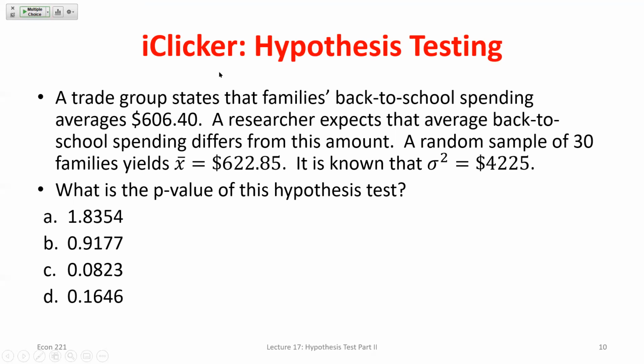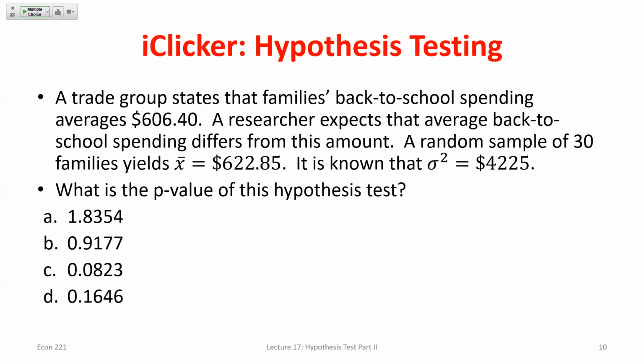Okay, so we have a two-tailed test. We already identified that. The value that we had in that null hypothesis was, is it equal to that $606.40? So if that value is in fact the true mean, our sample mean should be centered around that, normally distributed around.